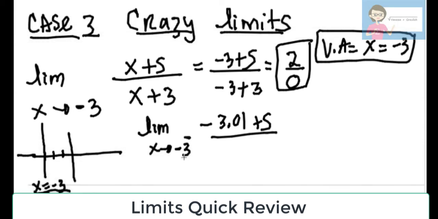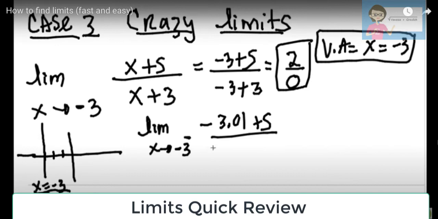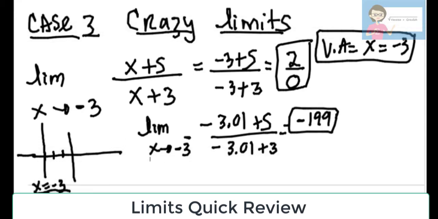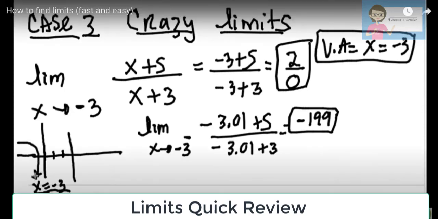I'm going to plug it in to see what value I get when x approaches -3 from the left. So this is -3.01 plus 5 over -3.01 plus 3, and when you plug this in your calculator, you get -199. That means that when the function comes from the left, it's going to approach negative infinity.